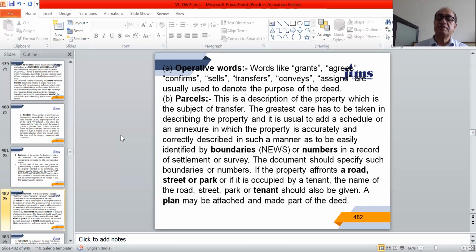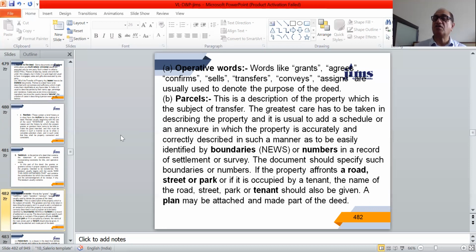My dear students, this property to be sold, to be transferred, should be very, very cautiously mentioned in the deed, because I have witnessed that maybe one fourth of the litigation in our country arises because of ill drafting of the deeds, wherein the property transferred is not correctly mentioned.